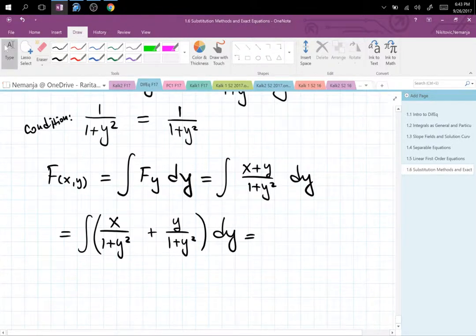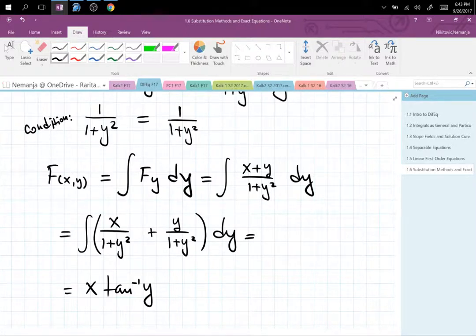The first one is x, which is a constant, times inverse tangent of y. Remember that the integral of 1 over 1 plus x squared is inverse tangent x.